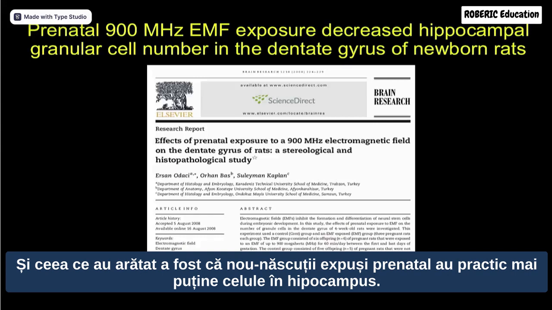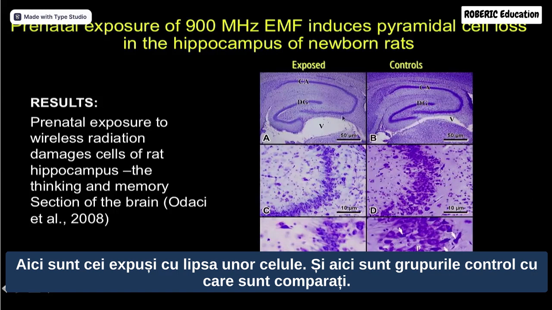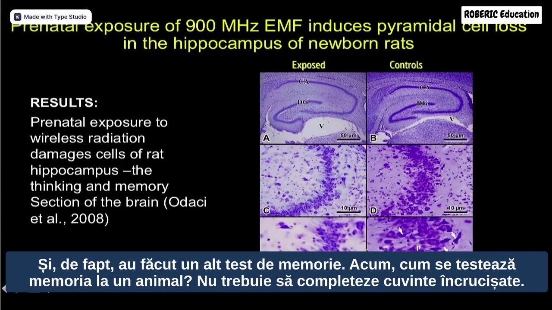What they showed was that prenatally exposed newborns have basically fewer cells in the hippocampus. Here's the exposed, missing some cells, and here are the controls, which they're compared with. And you can see here that there's more of them. Here they're more scattered.